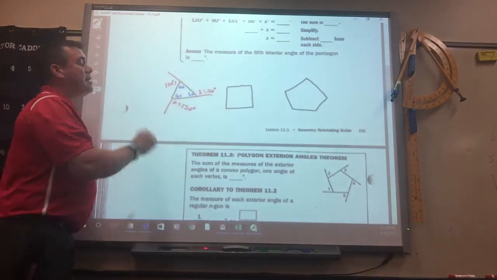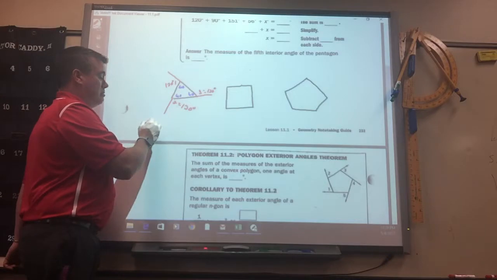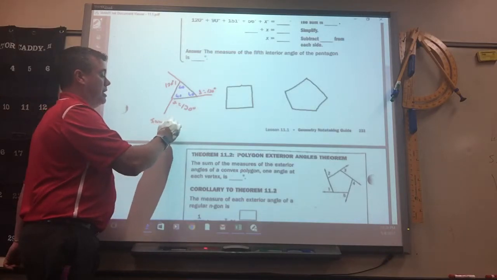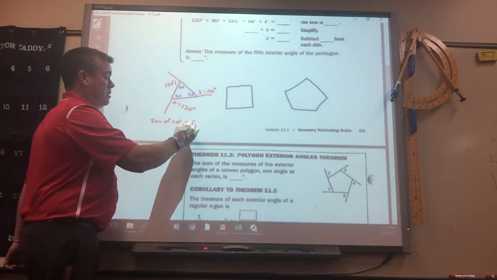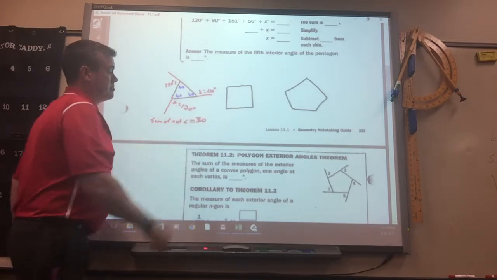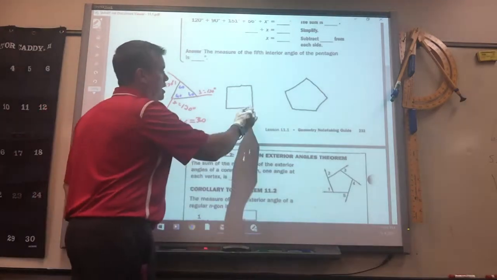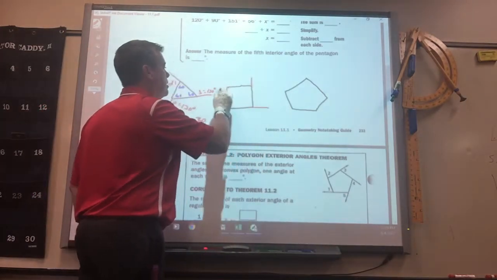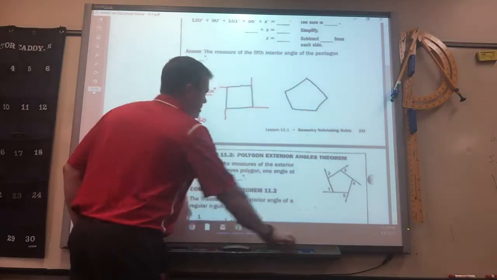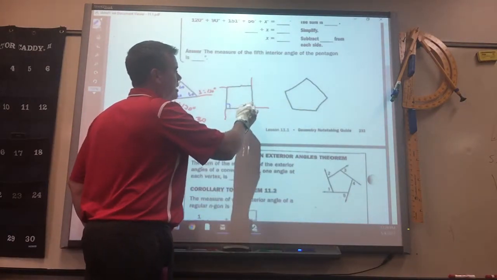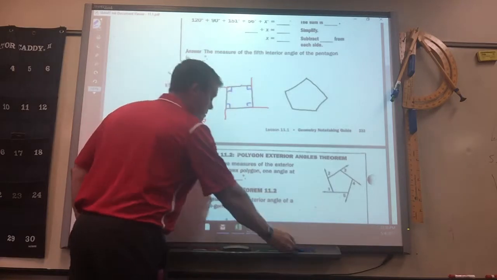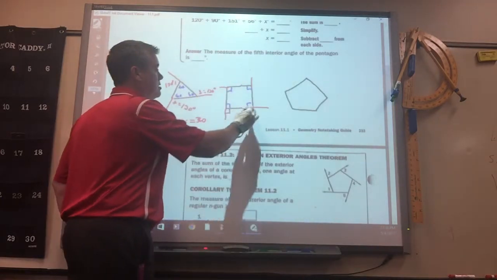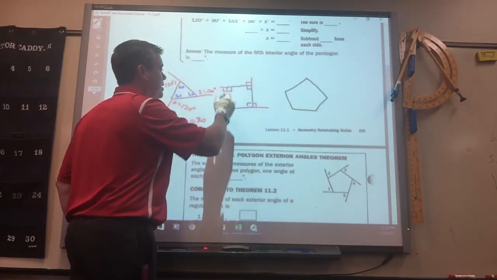So if we add up the exterior angles here, the sum of the exterior angles is 360. On a square, they're all 90, so every exterior angle is 90.